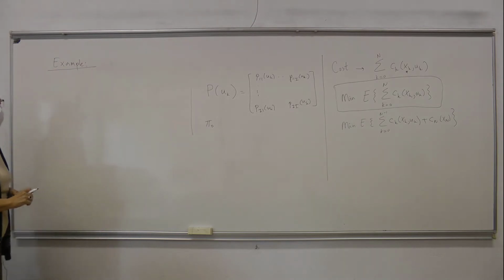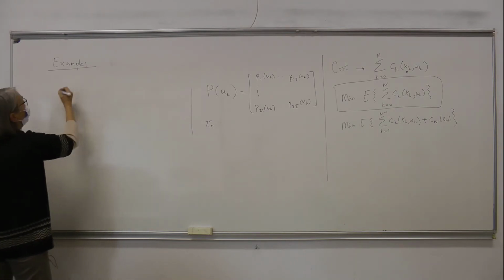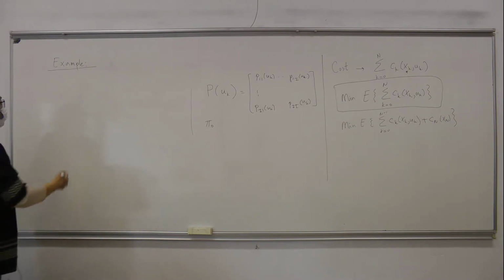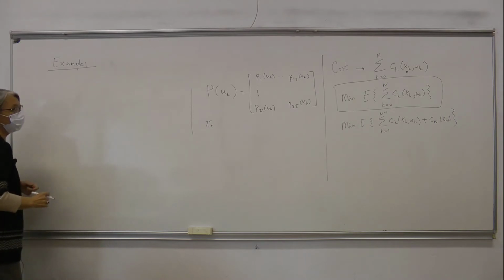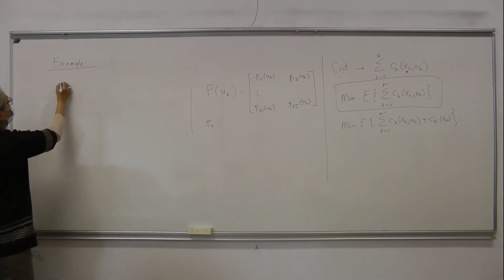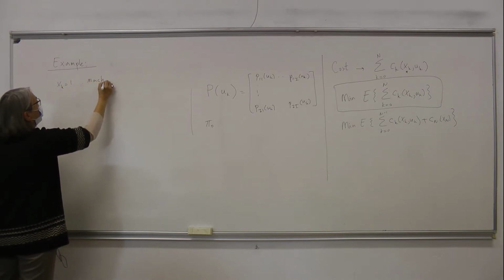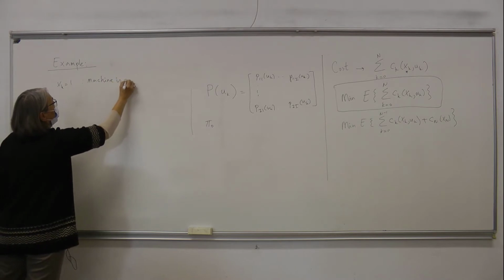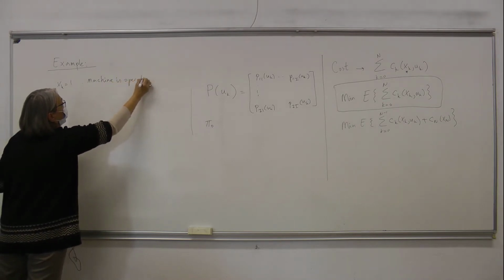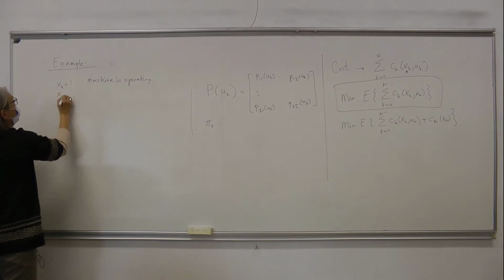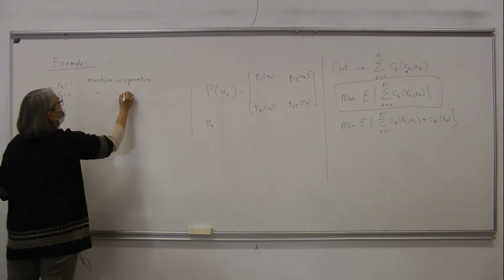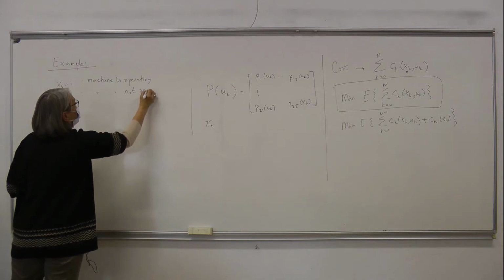In that example, we have a machine that we rented for maybe 3 days or n days, and then we would like to do something with this machine, of course, and the machine has two states. Either it's operating, which corresponds to x_k equal to 1, machine is operating, and x_k equal to 2, machine is not operating.